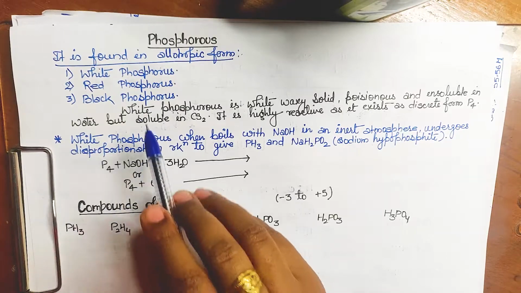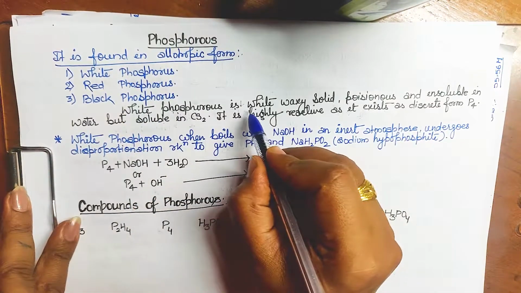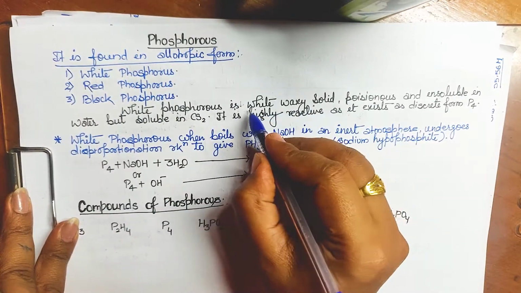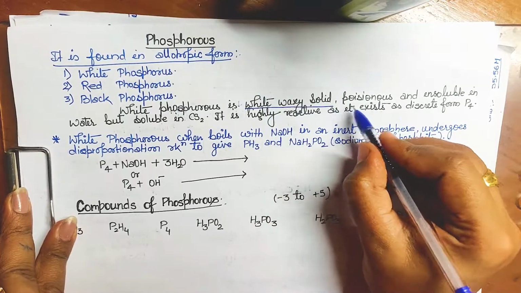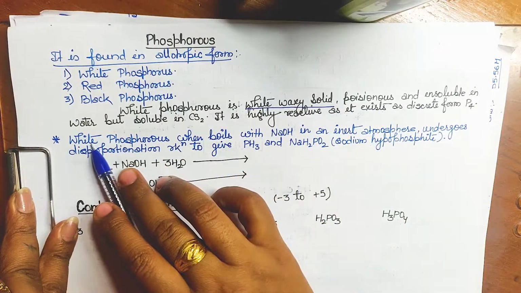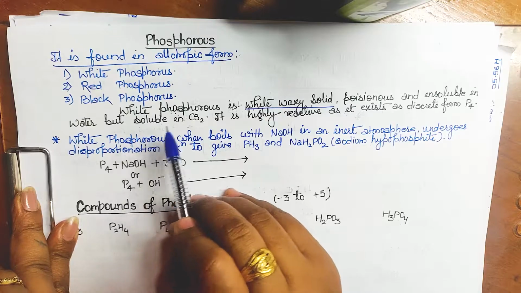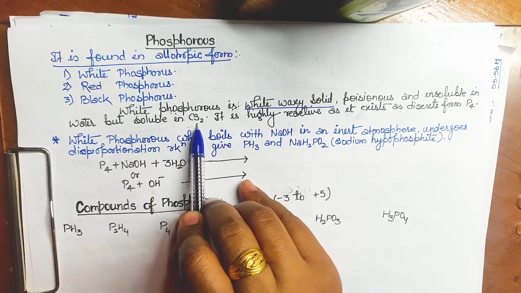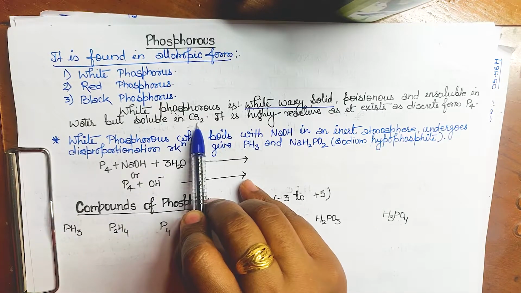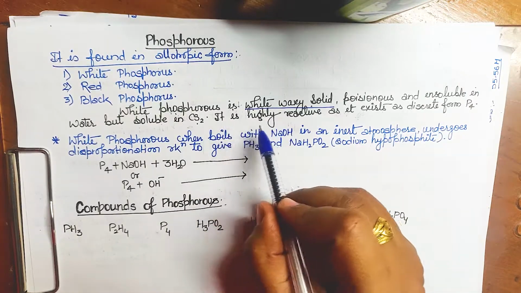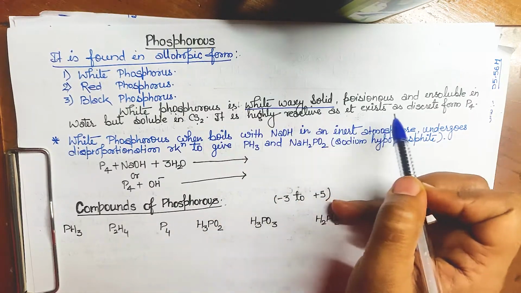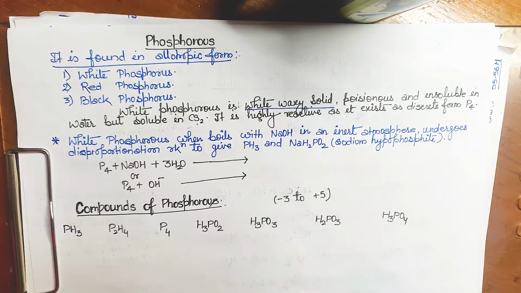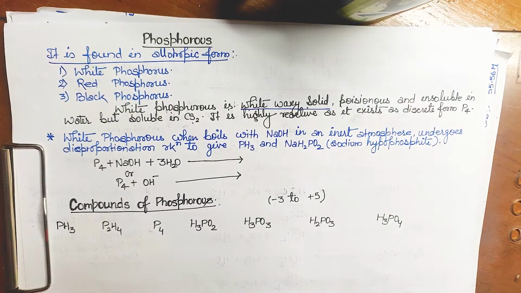White phosphorus is a white waxy solid. It is poisonous and insoluble in water. But if we see the solubility, it is soluble in solvents like CS2. Got it? It is highly reactive as it exists as a discrete form, P4. I have explained the structures of N2 and P4.